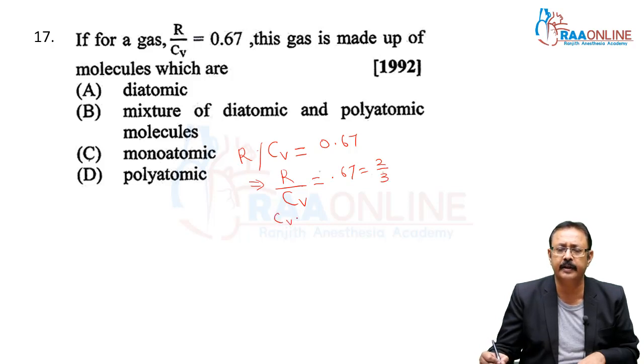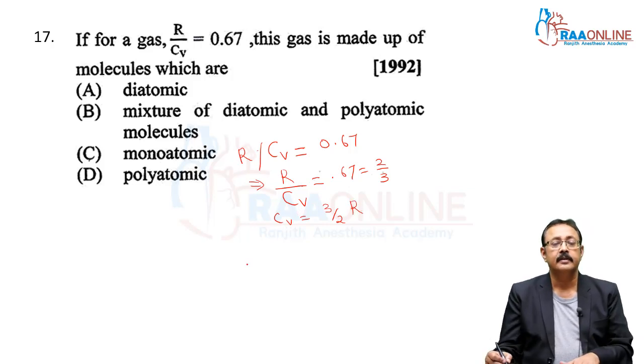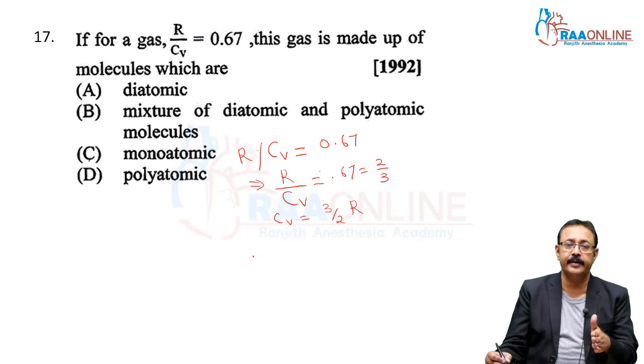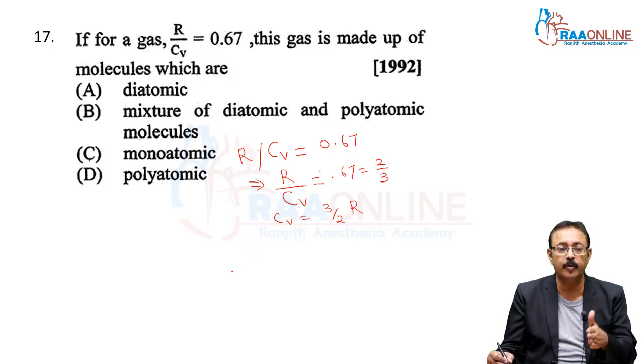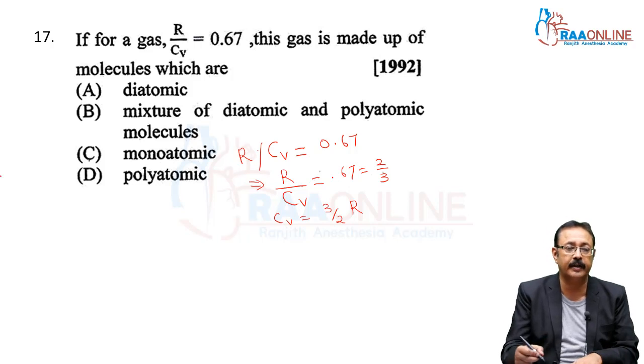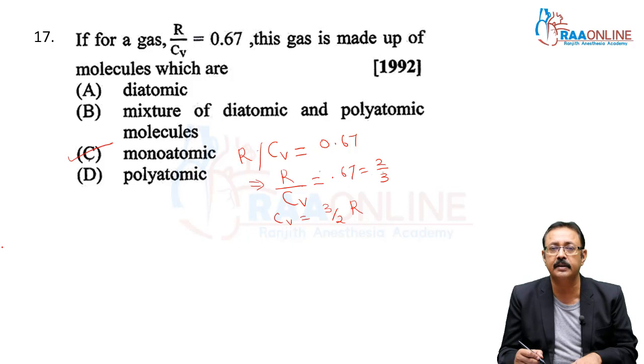So Cv is 3 by 2 R. We got the point: 3 by 2 R is the Cv value for a monoatomic gas. We discussed this in theory just before the crash course sheets. So we are going with C.